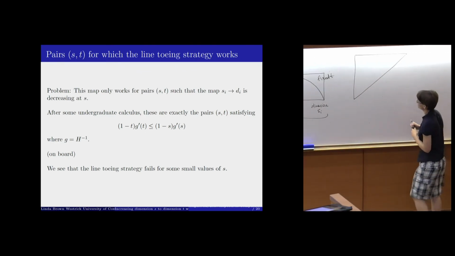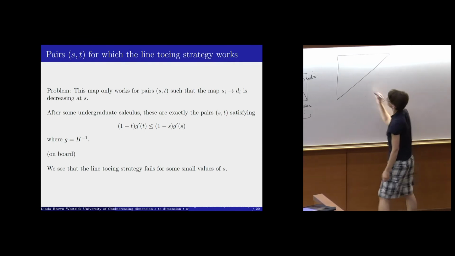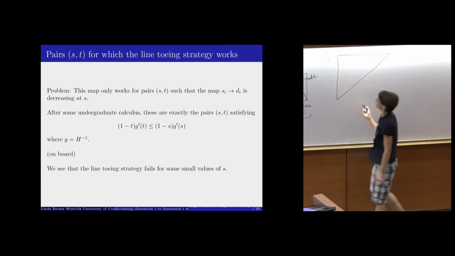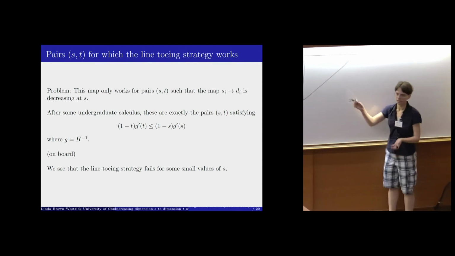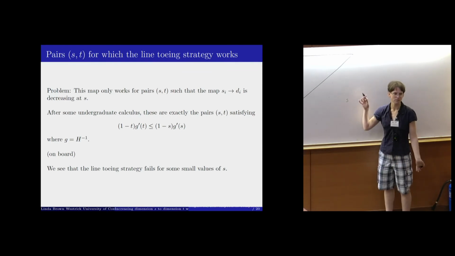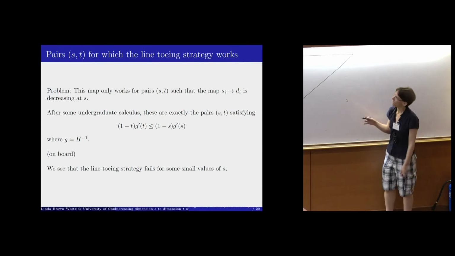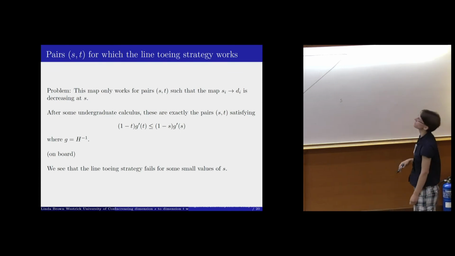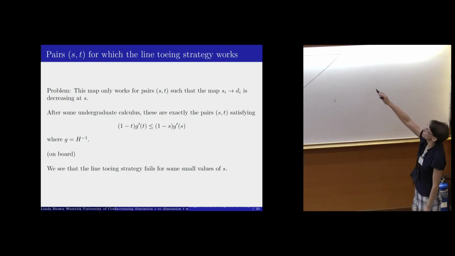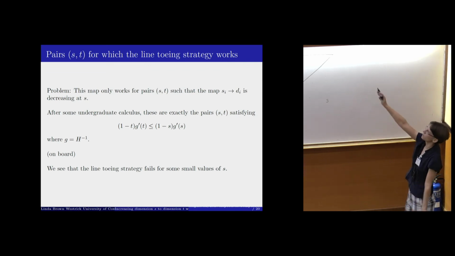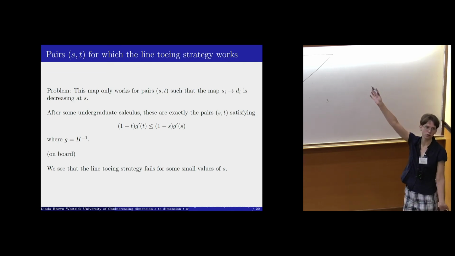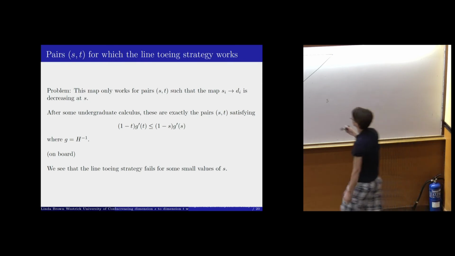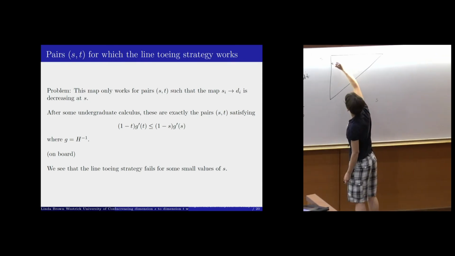This triangle is supposed to represent all the possible values of s and t. We're only caring about values where t is greater than or equal to s, so that's why it's a triangle. And we figured out, using some calculus, taking some derivatives, that the pairs s and t for which that line towing strategy works are exactly the pairs s and t that satisfy this weird inequality. And if you graph those, then they are here.